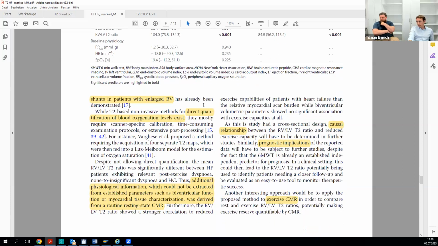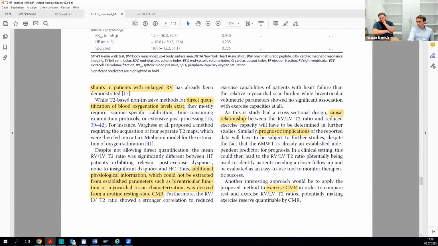And finally, of course, there are some limitations to this study. It's a cross-sectional design, so there's no causal relationship really between the ratio and the distance walked. Also, we will have to see prognostic implications in further studies because there's no longitudinal data.